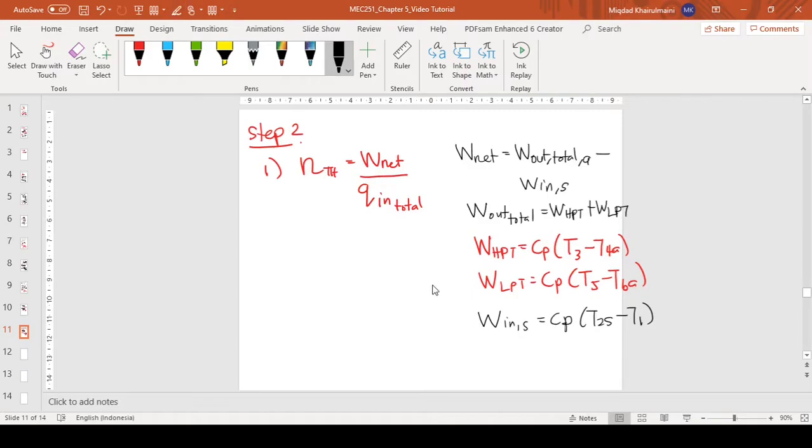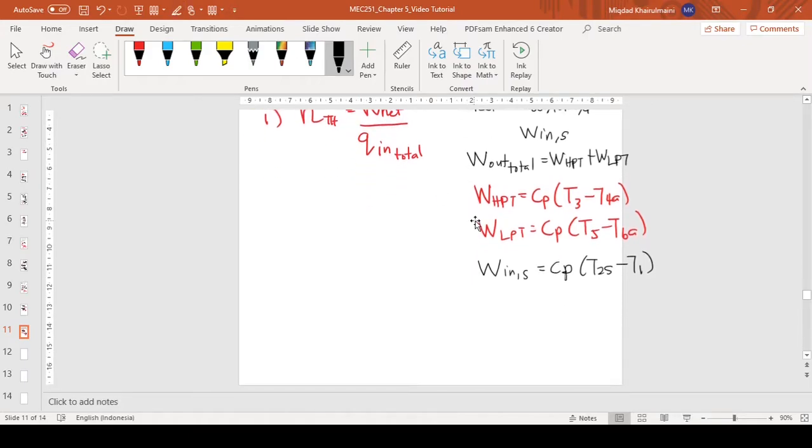Okay, for Q in total, it also involves 2 times, so there is the Q primary plus the Q reheat.